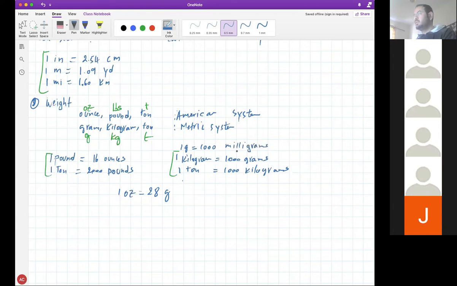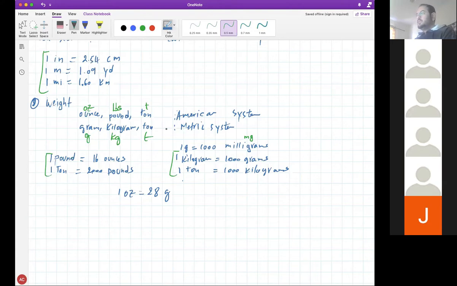So a milligram is very, very, very small. You won't even be able to see it. It's just invisible. The symbol for this is mg, and the symbol for grams, of course, is g. Kilograms, we saw that, and so on.